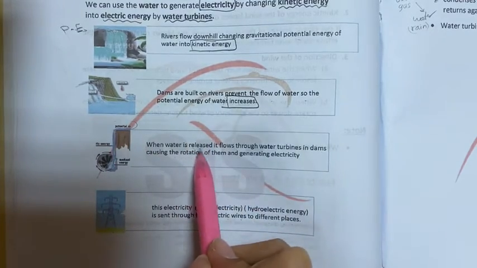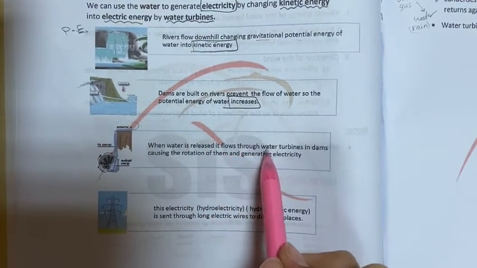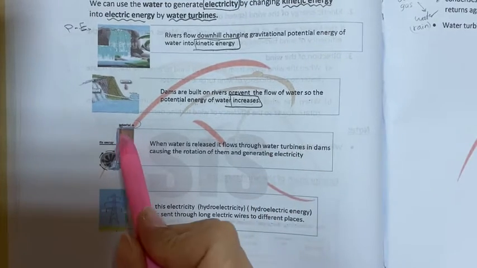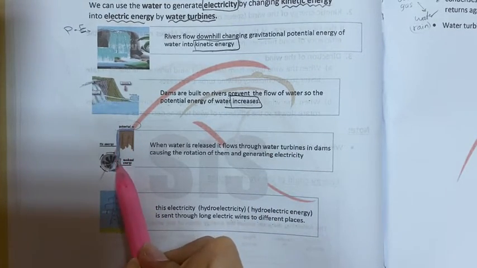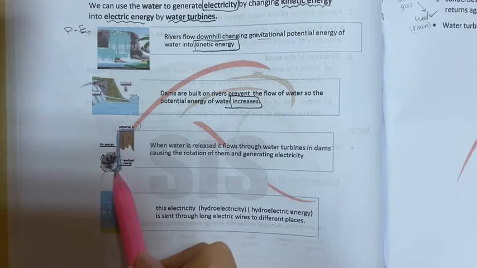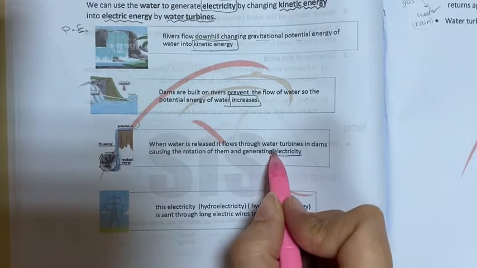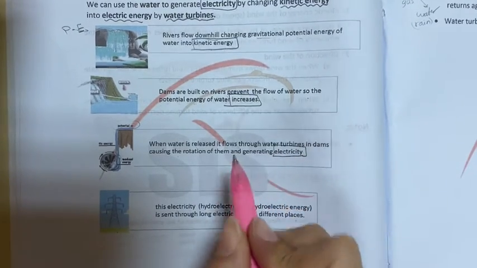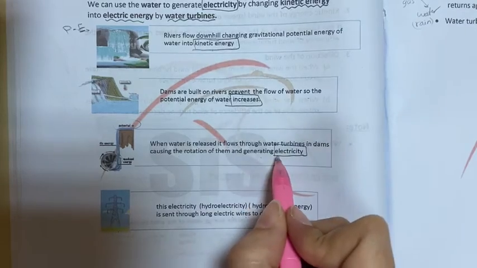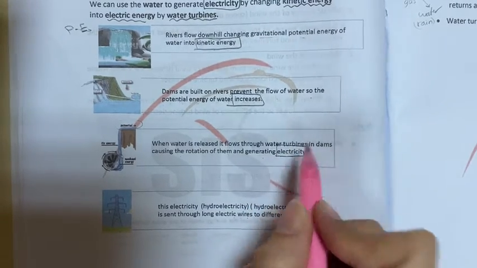When the water is released, it flows through the water turbines in dams, causing the rotation of the water turbines and generating electric energy. Kinetic energy changes into electric energy.